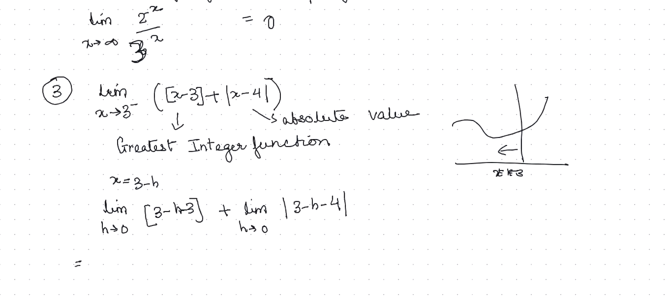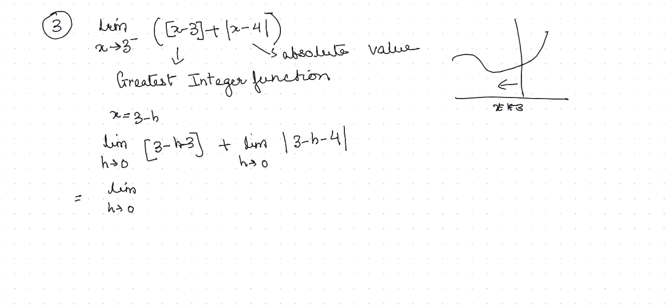So this 3 and 3 would cancel out. Limit h tends to 0, and this would give minus h. This would give limit h tends to 0 of minus h minus 1 absolute value.